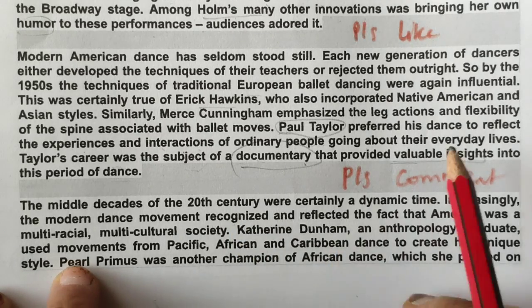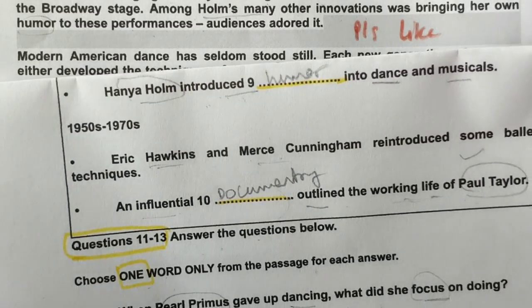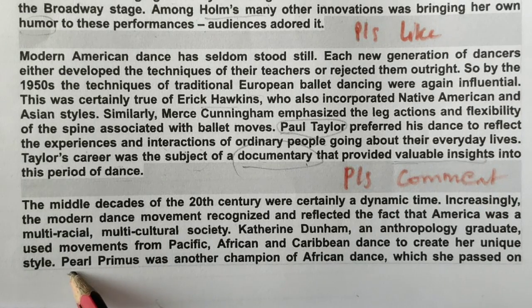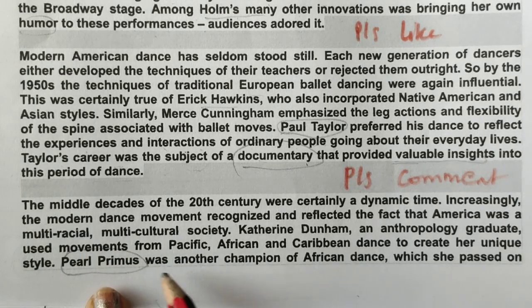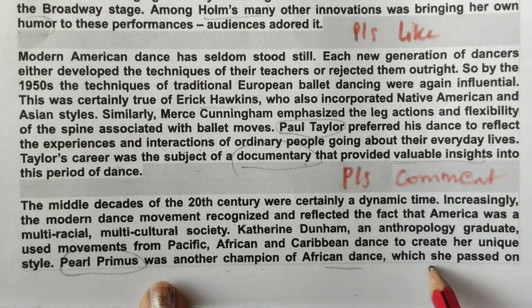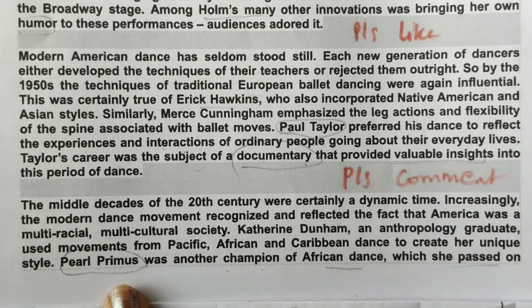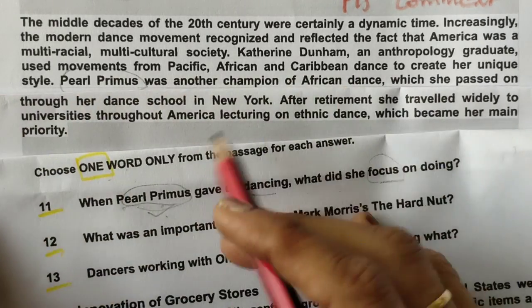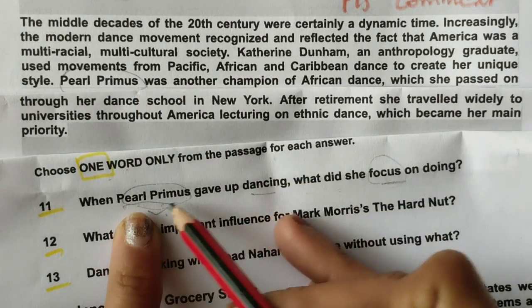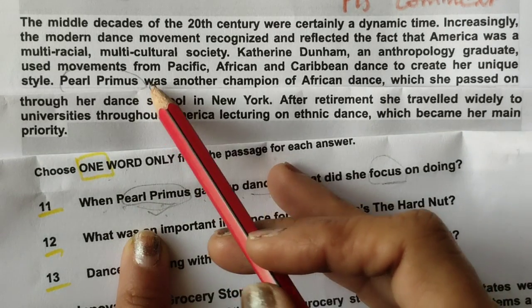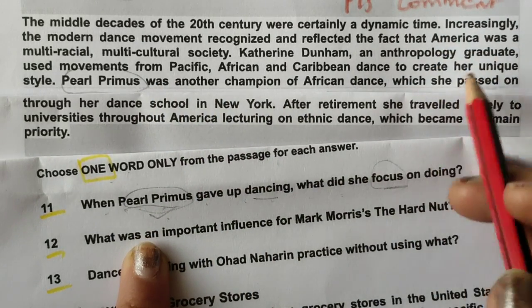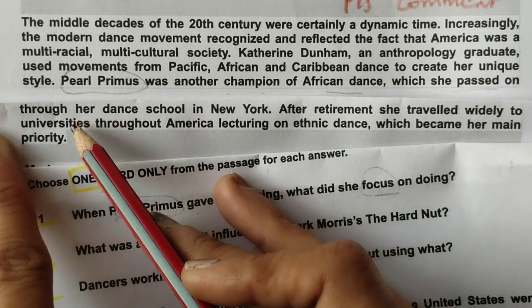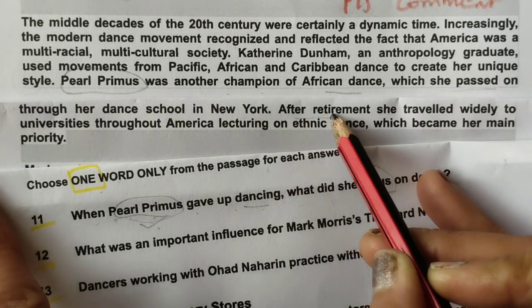Next one, we were looking for Pearl Primus. Yes, Pearl Primus is here. Pearl Primus was another champion of African dance, which she passed on through her dance school in New York after retirement.